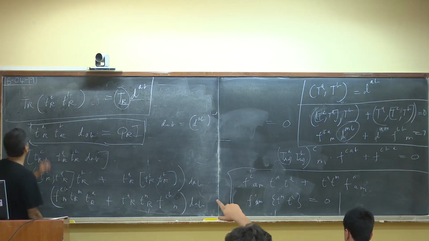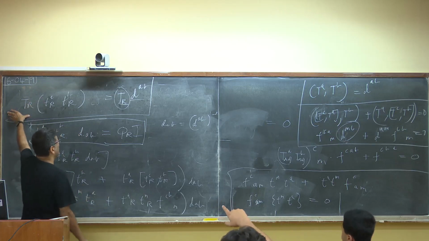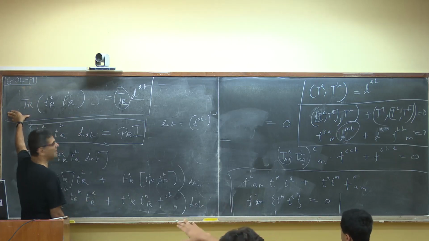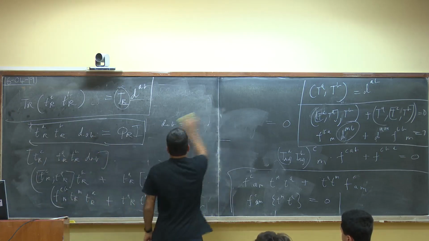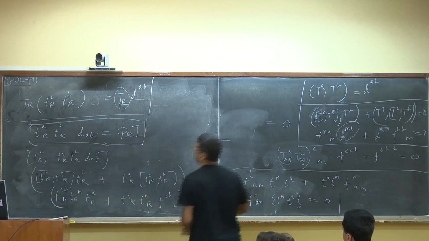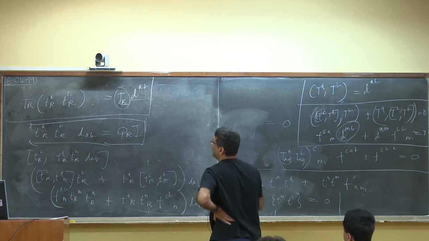In the first line above, multiply d_AB lower on both sides. Yes, so you get TR times dimension, I agree. On the left hand side, you get QR times the dimension of the representation. Okay, excellent. Trace gives you dimension.